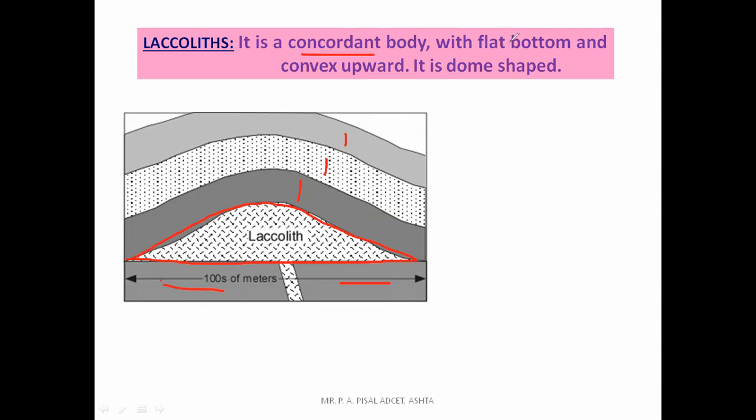When you see here, its bottom is more or less flat, and it is convex upward. Such a shape is considered as a dome shape, with a convex upward side and generally a flat bottom.